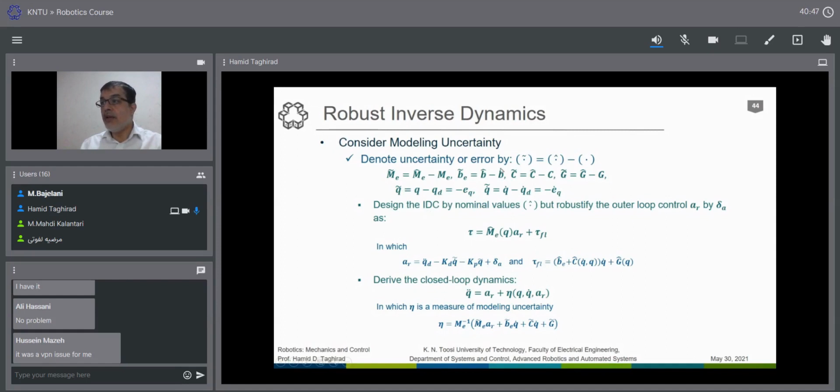By designing the IDC control, we just use the M hat, C hat, but we bring this difference into the picture. So design the IDC by nominal values, with beta hat, but we add a robustifying term to the controller, robustifying the outer loop controller a.